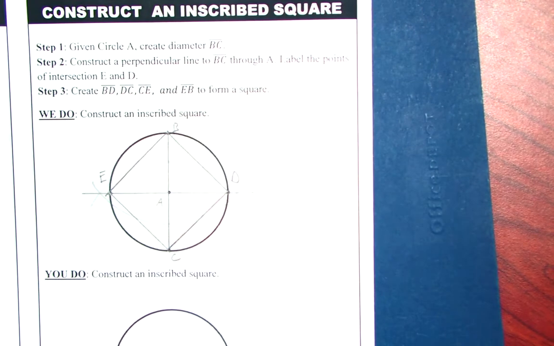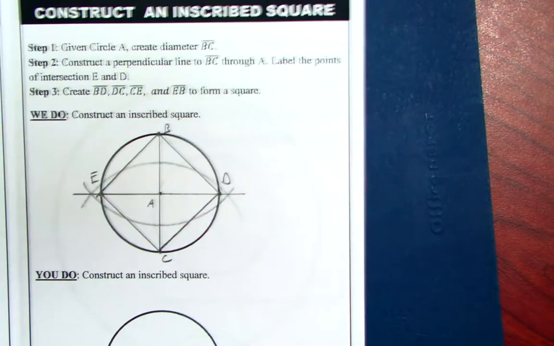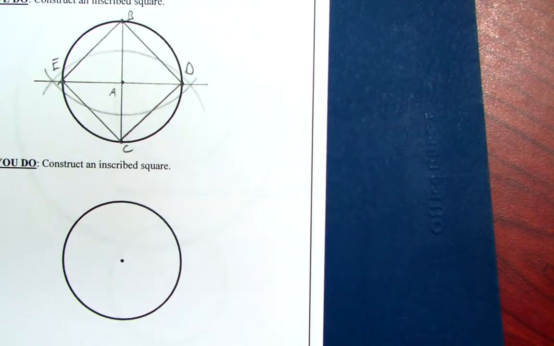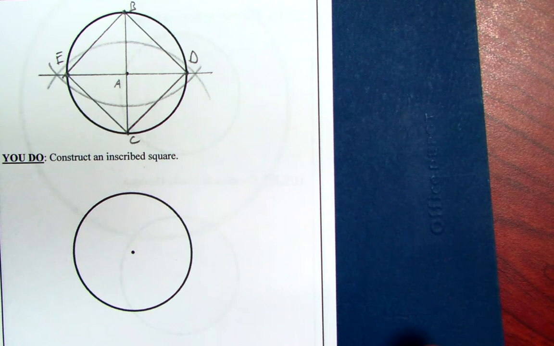Okay, so there we've constructed a square that's inscribed in a circle. Okay, so just try this again on your own speed, and then we'll go on to the next one.